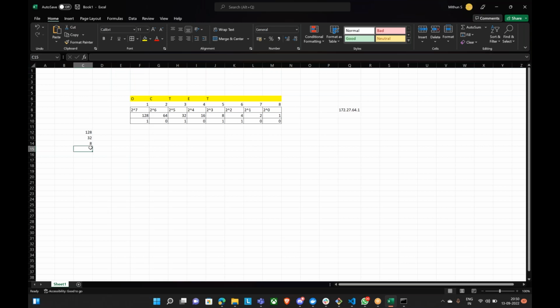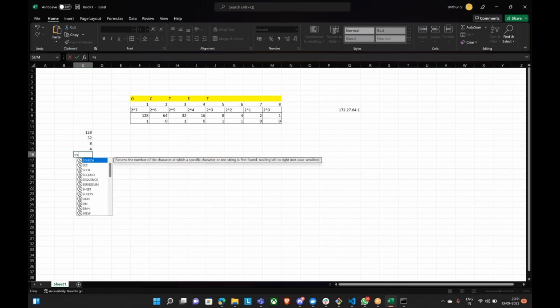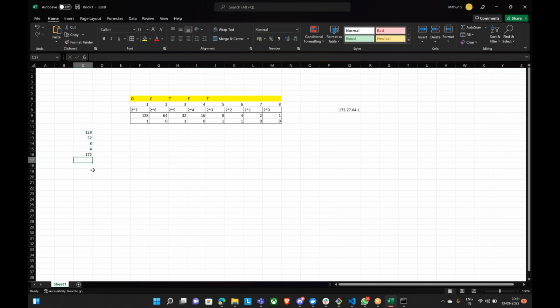So 4. Okay, so now what will be the sum of this? Can you see? Yes, sir. So 172. Or you can calculate like this also. So the sum of these numbers is 172.